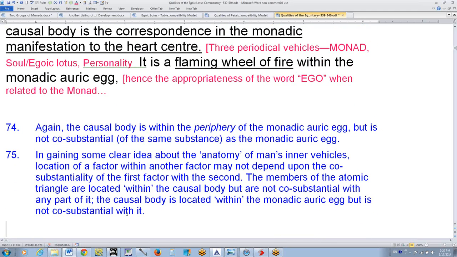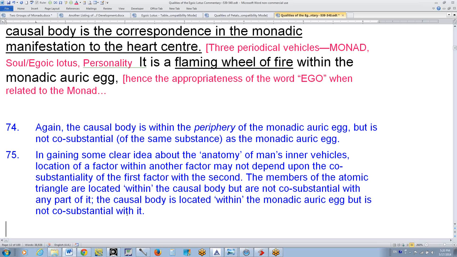So the causal body then is within the periphery of the monadic auric egg, just as the permanent atoms are within the periphery of the causal body, but is not co-substantial, of the same substance. It's of a lesser substance, of a lesser vibratory rate.